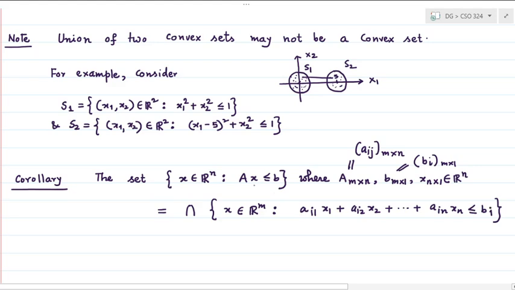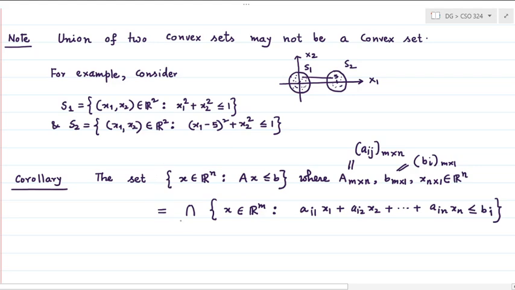Fine. And here Ax less than or equal to b means the first inequality has to be satisfied by x, the second inequality has to be satisfied by x, and so on. So all the m inequalities are to be satisfied by x, and only then will you say that x is inside this set.